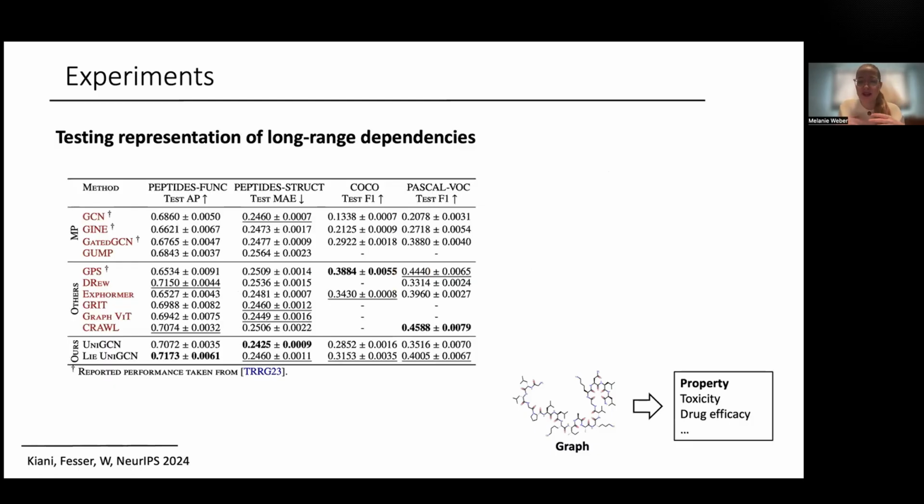Let's take a look at an actual state-of-the-art benchmark. The benchmark that we look at here is the so-called long-range graph benchmark. This is a benchmark that was put together to specifically test how well a graph learning architecture is able to capture long-range dependencies. So exactly the setting where we expect the unitary convolutions to shine.